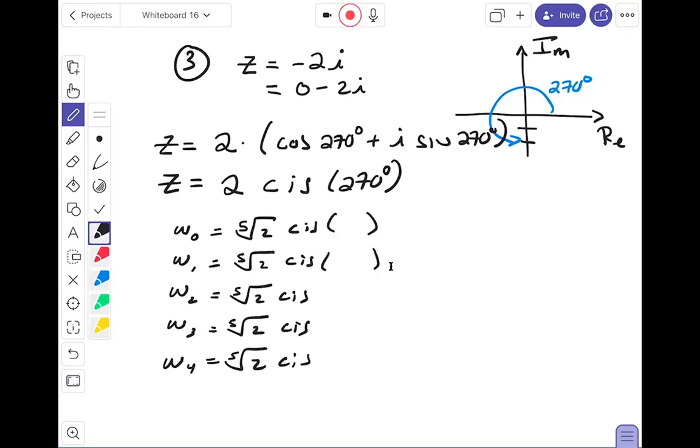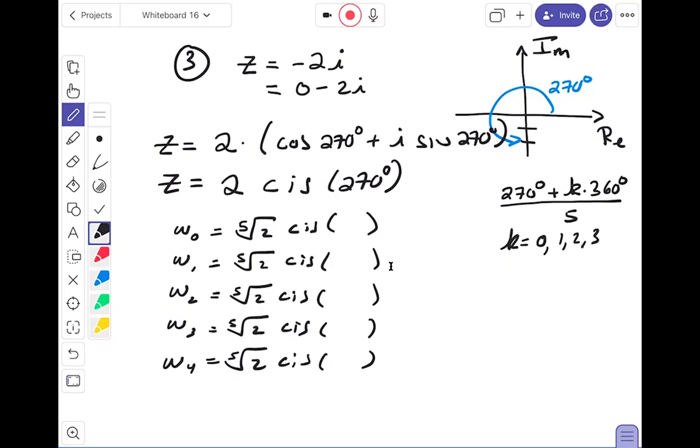All right. There's going to be an angle over here, and I'm hoping it's going to be really easy to write down. I'll tell you what these are going to be. It's going to be 270 degrees plus k times 360 degrees over 5, where k is going to go from 0, that's W0, 1, 2, 3, 4, right?